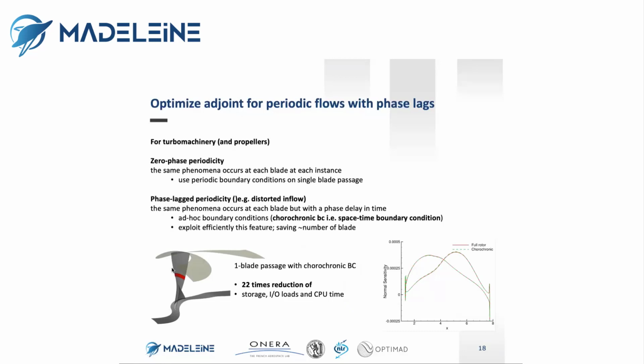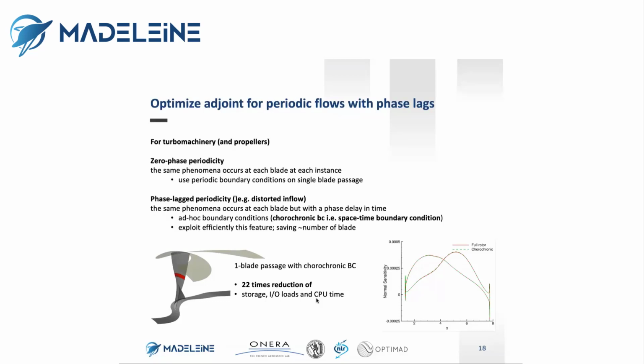passage. So in this case, the reduction of all the computational footprint, that means storage, input, output, and CPU time, is equal to the number of blades of the stage.